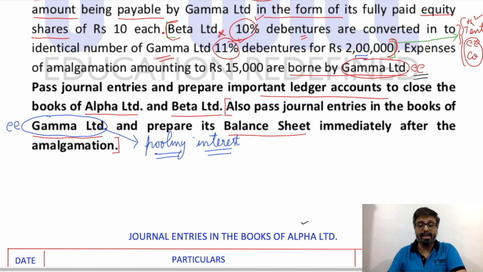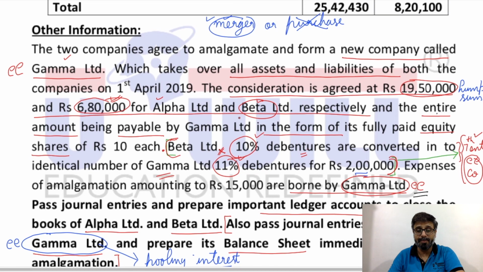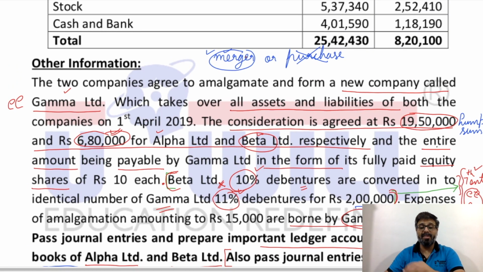But before we take that up, let us revise and recollect a few points done in the last lecture. I told you that very first we have to identify whether it is merger or purchase. There are three conditions of merger. One, all assets and liabilities should be taken over. This condition is satisfied, which is visible from the second sentence, which takes over all assets and liabilities of both the companies.